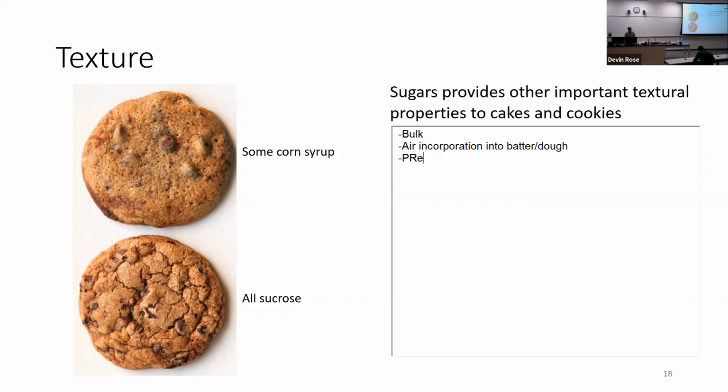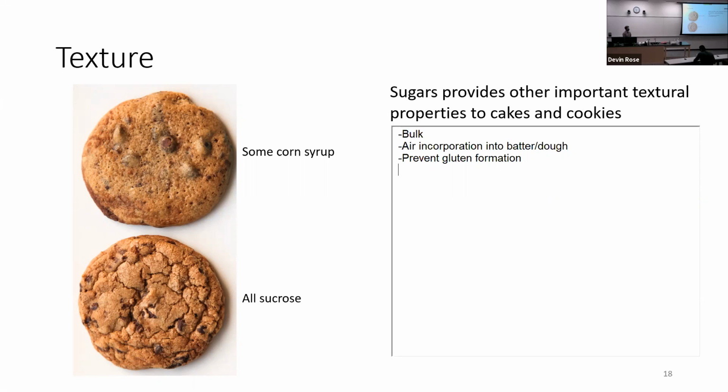Okay, prevent gluten formation. What's gluten? A protein, good. Wheat protein. So if we're using a wheat dough and we mix that with water and knead that or mix it somehow, then we will get gluten formation.